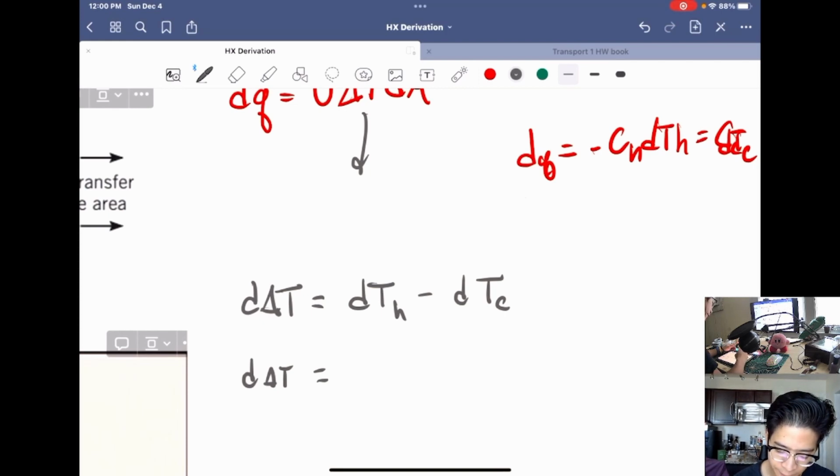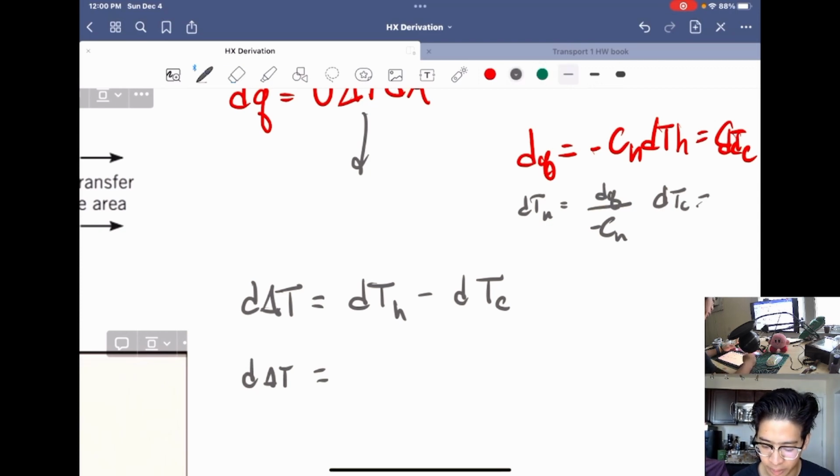This differential hot temperature becomes negative dQ over the hot heat capacity, and the differential cold temperature is equal to the differential heat transfer over the positive heat capacity.